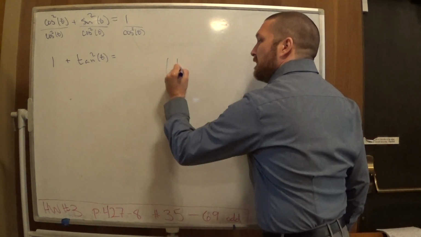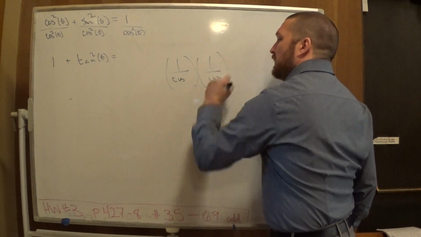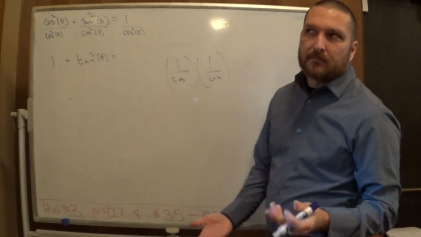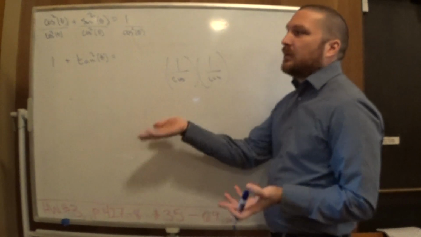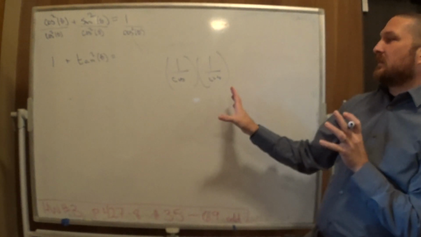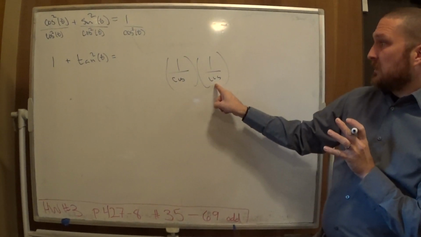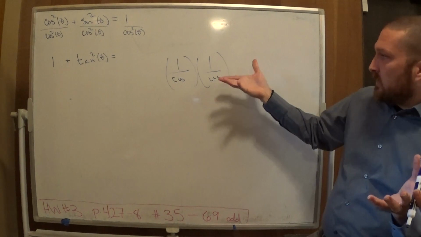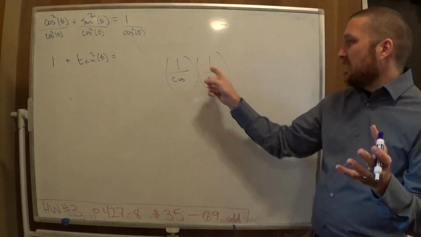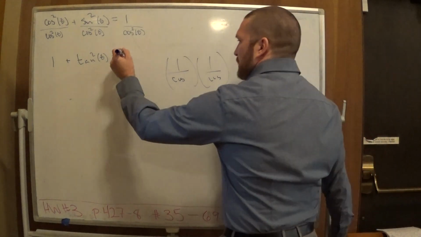Because this is the same thing as 1 over cosine times 1 over cosine. Notice I didn't write the thetas. I'm going to do that a lot, especially when I'm just quickly illustrating something. 1 over cosine squared is the same thing as 1 over cosine times 1 over cosine, which is secant times secant, which is secant squared.